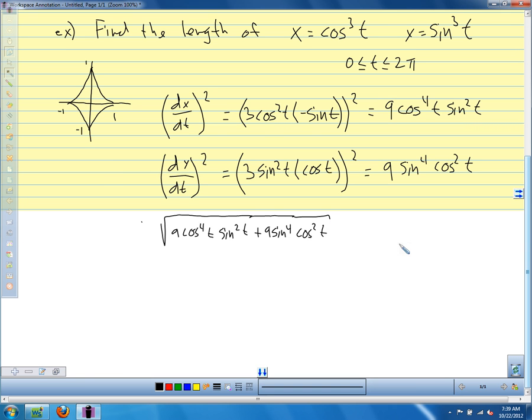The sine squared and cosine squared, we can factor that out, right? So what do we end up with? 9 cosine squared t sine squared t times cosine squared t plus sine squared t.